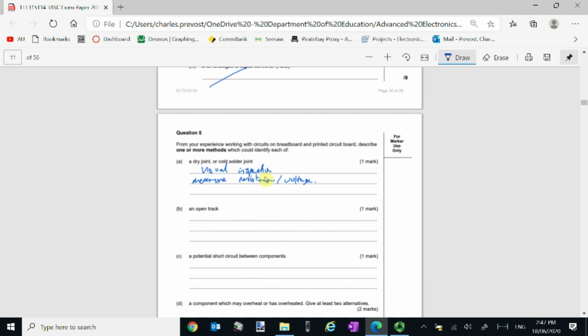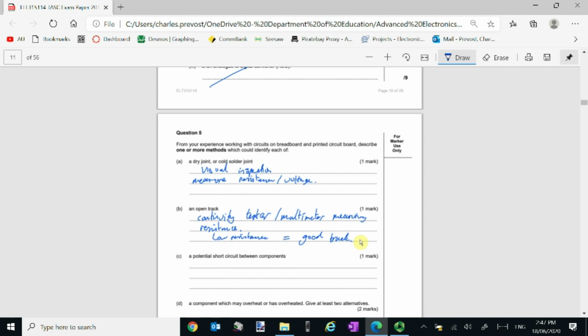An open track, we can use a continuity tester. Or if you don't have one of those, we can use a multimeter measuring resistance. So measuring resistance, low resistance would be a good track.